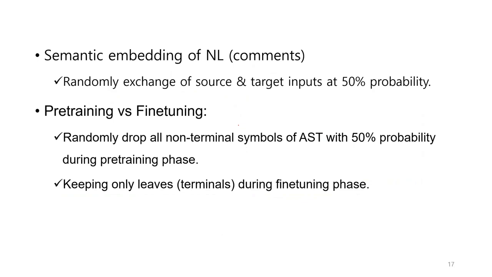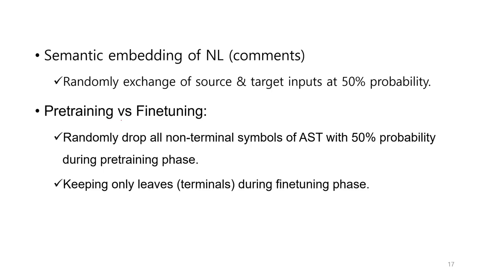For semantic embedding of comments or natural language text, they use some techniques. One technique is to exchange the source and target inputs with 50% probability, which means 50% of outputs are used as input and 50% of inputs as output.